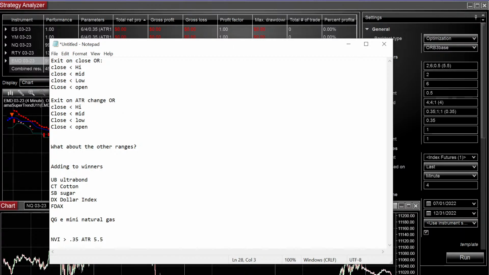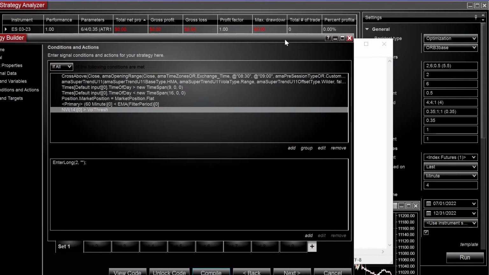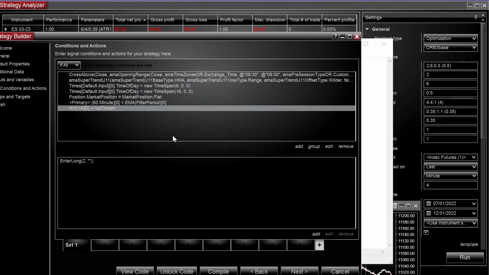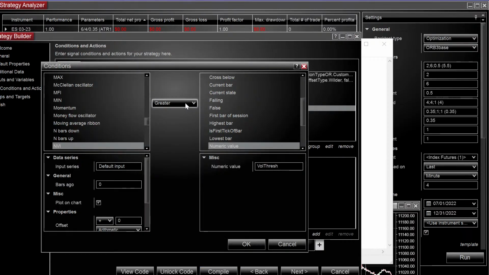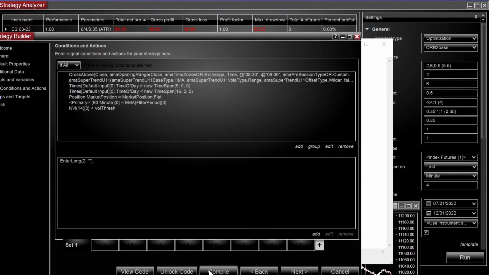It's just NVI is greater than the greatest possible amount, and then we get an ATR value. And so now we can test the opposite extreme, which is less than the threshold. So let's compile that.